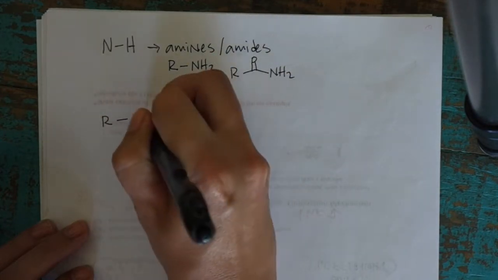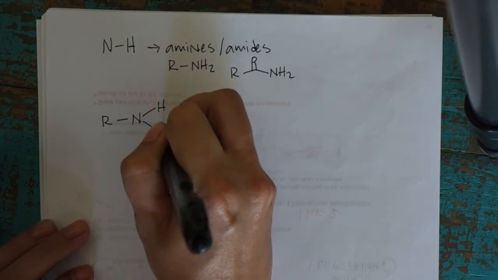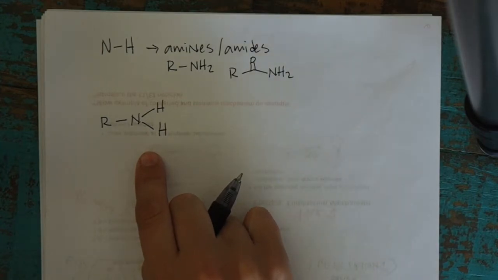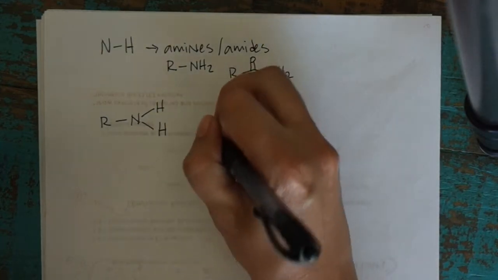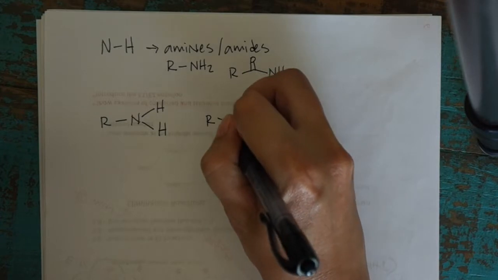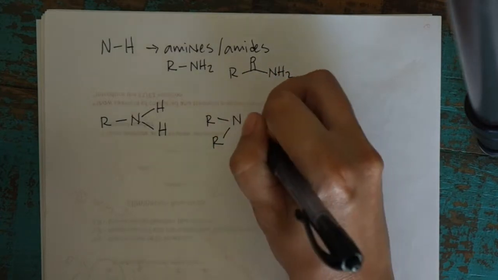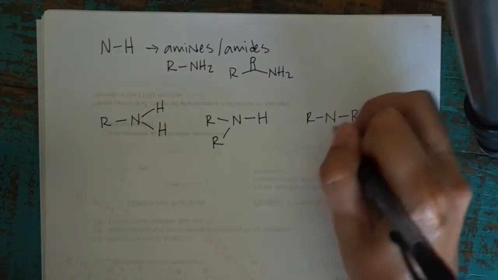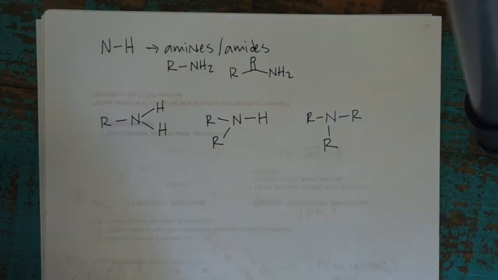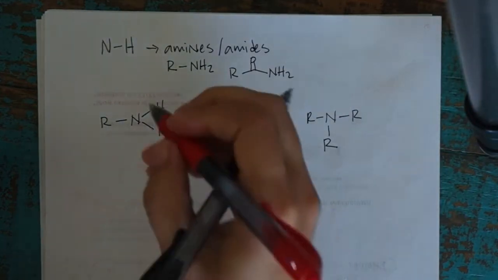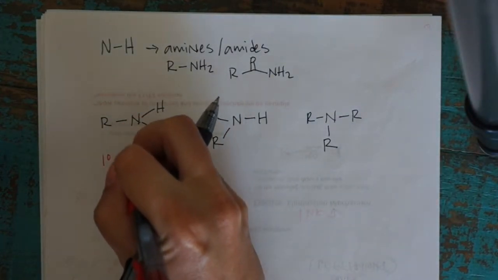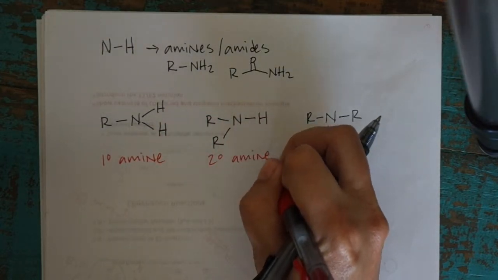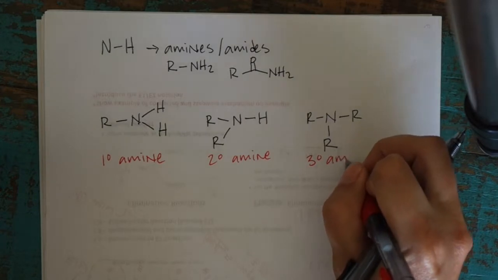What's nice about the IR is that depending on how many NH bonds, it will actually appear differently in the IR. So we have to talk about the substitution pattern of the nitrogen. Here we have a primary amine, a secondary amine, and a tertiary amine.